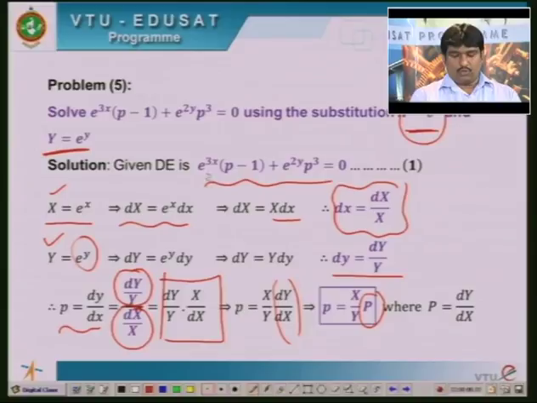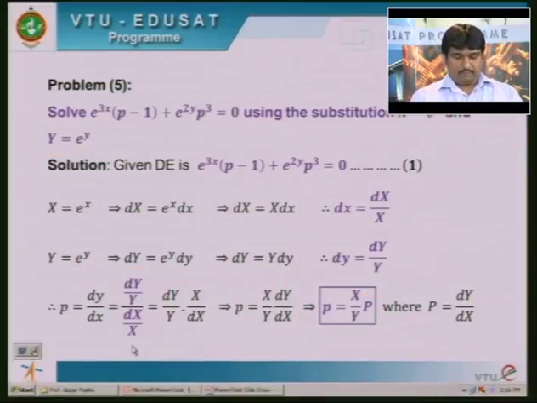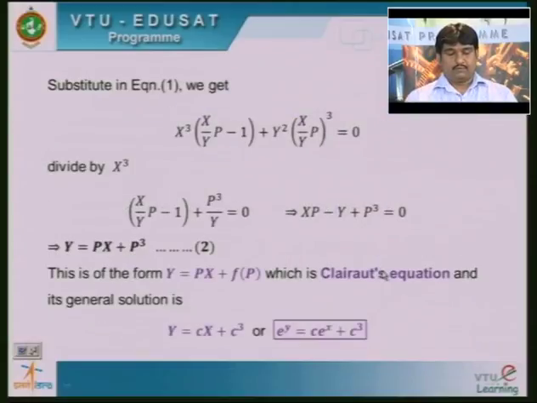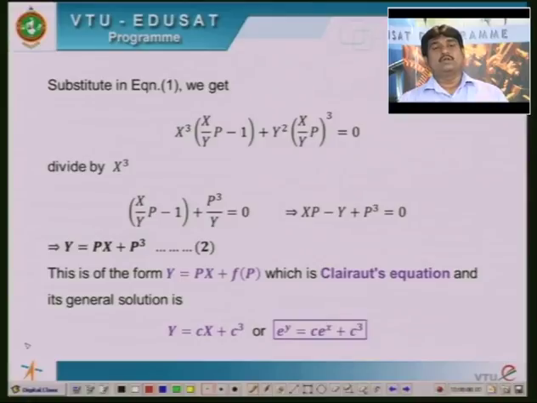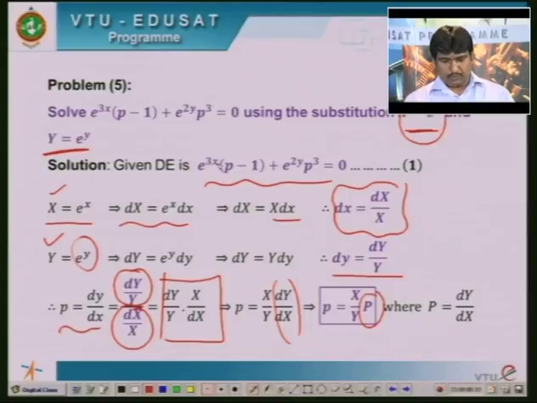Now I will substitute all these things in equation number 1, and I get this: X cube into (XY by P minus 1) plus Y square into (X by Y P) the whole cube equals 0. You can see we have e to the power of 3x into p minus 1 plus e to the power of 2y p cube equals 0.